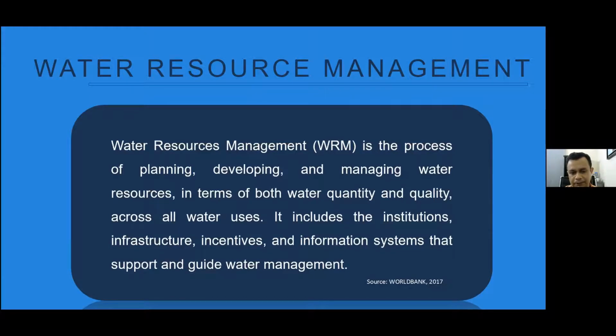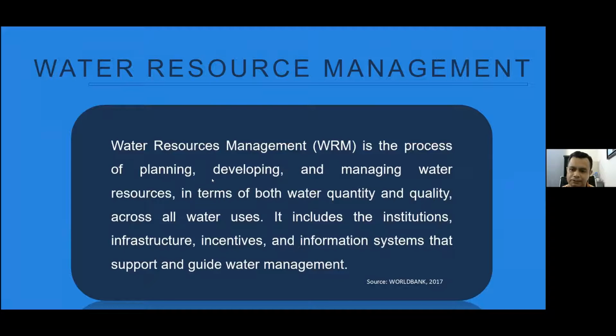These kinds of planning processes are involved in water resource management. Then developing is how we can generate this fresh water or make it usable for the people who are using these water resources. And then managing means how we can reduce or minimize the loss of fresh water in terms of both quality and quantity. So this is water resource management.